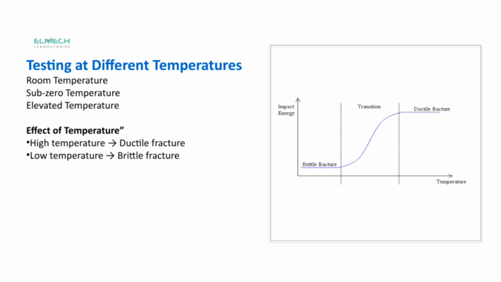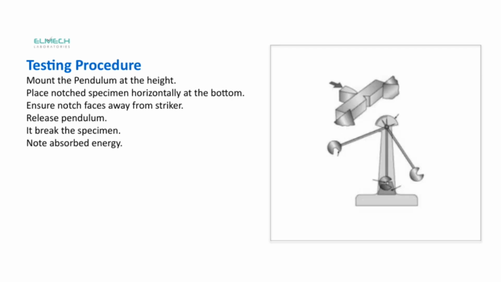Conversely, at low temperatures, materials are more prone to brittle fracture, which happens suddenly with little deformation. Understanding these effects is crucial because it helps us predict how materials will perform in various environments, ensuring safety and reliability in their applications. This connection between temperature and fracture mode is a key part of the overall theme of material performance and durability.